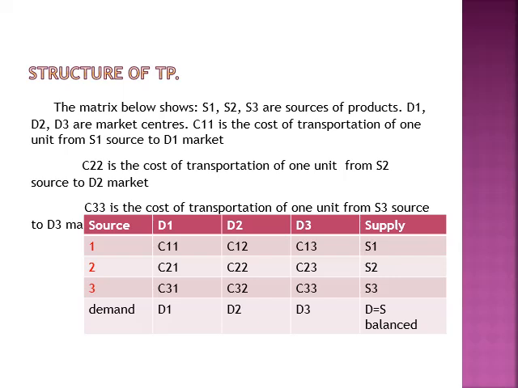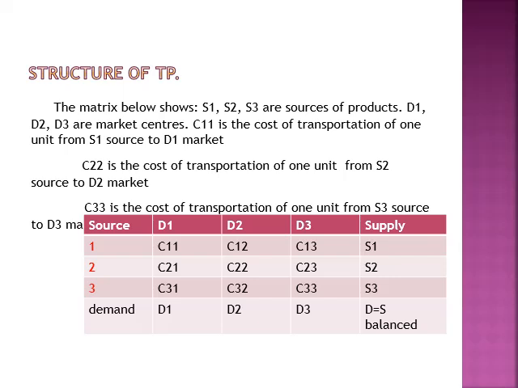C11 is the cost of transportation of 1 unit of goods from supply 1 to demand 1, from the source 1 to market center 1.